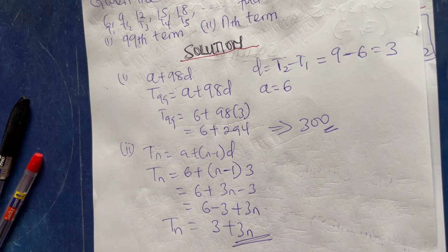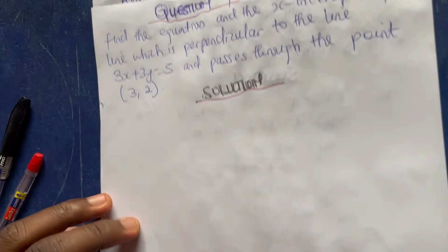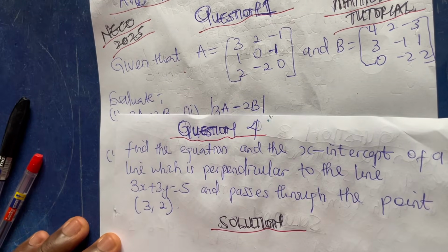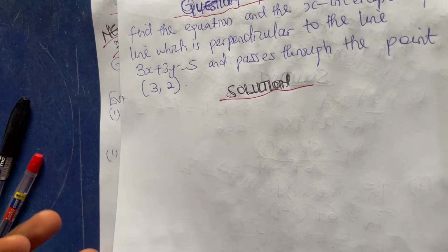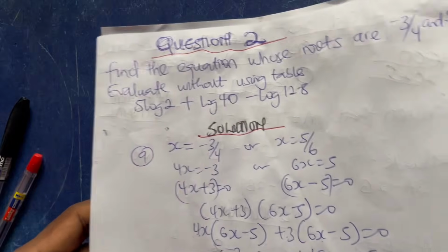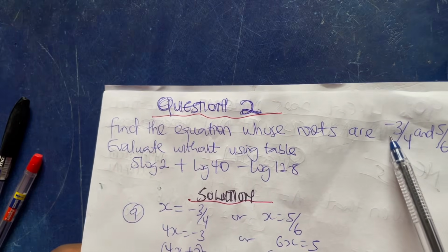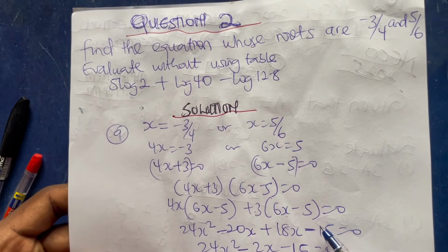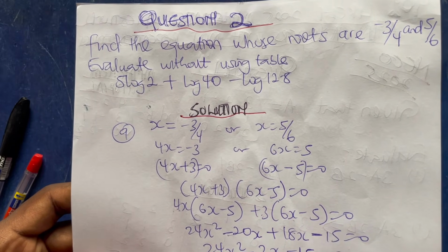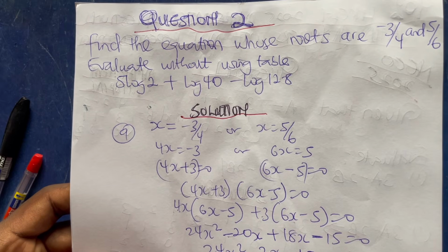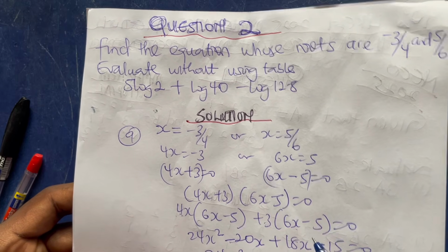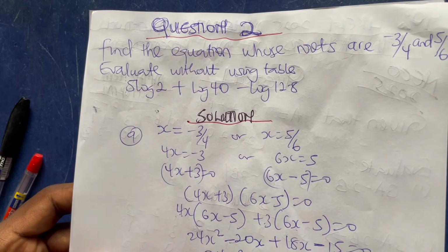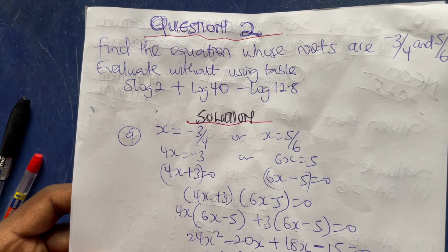Now let's go to the next question. The next question is question number 4. Before that, look at this question 2. The particular question we did here is under algebraic expression, something like factorization, quadratic equation, factorization, complete the square method, formula method.